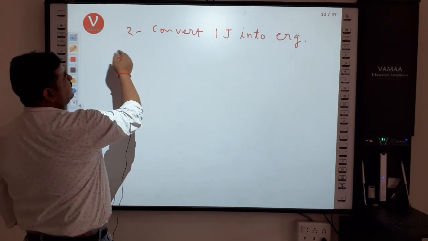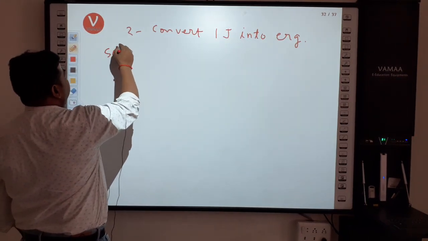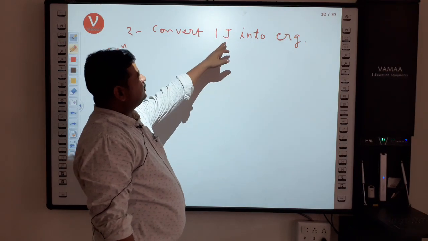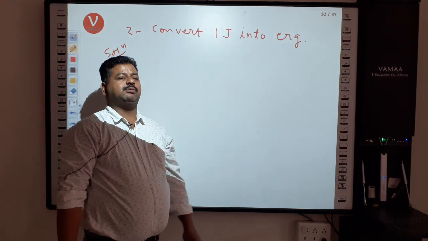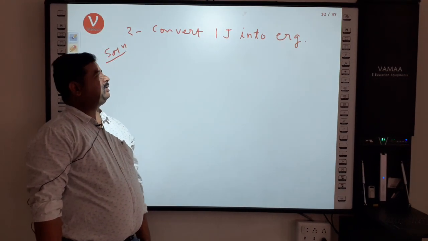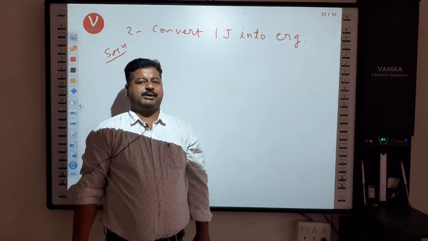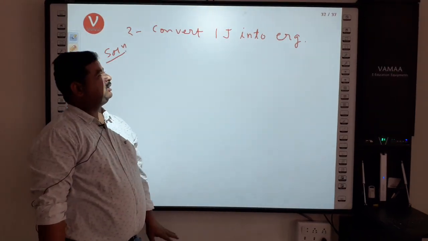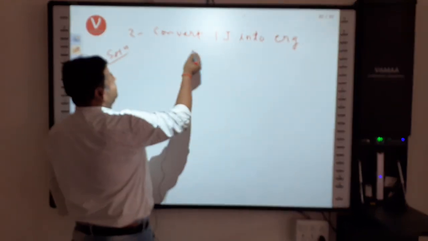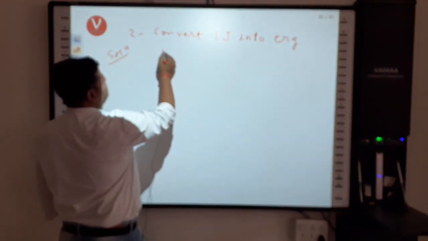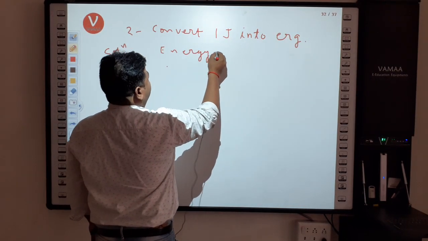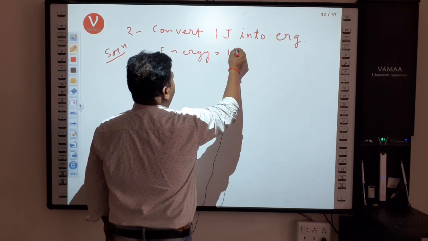So here the solution is: joule is the unit of energy or work, and we have already calculated the dimensional formula of work in the previous lecture. So here we write energy is given, that is 1 joule.